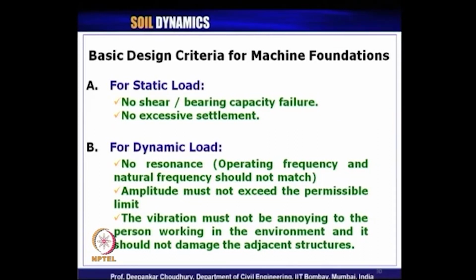Like that, for raft it is 75 millimeter; different ranges are already given as per different design codes. That has to be checked, whether that criterion is satisfied or not, when you are going to design any foundation, irrespective of whether it is a machine foundation or not.